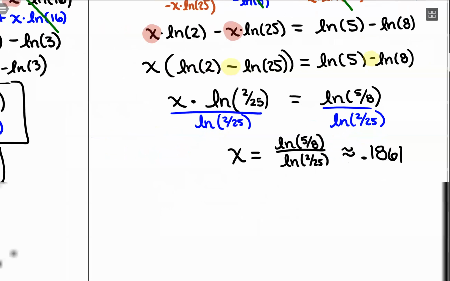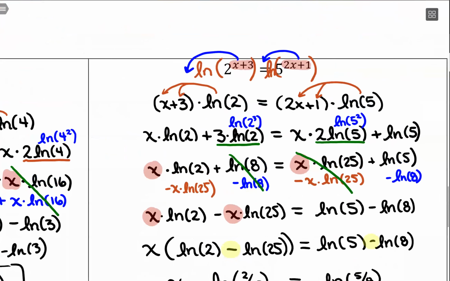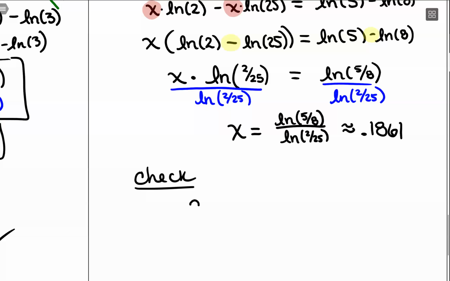And then when we get to the end here, we want to check by going to the 0.1861 plus 3, and does that equal 5 to the 2 times 0.1861 plus 1? So let's check that out.